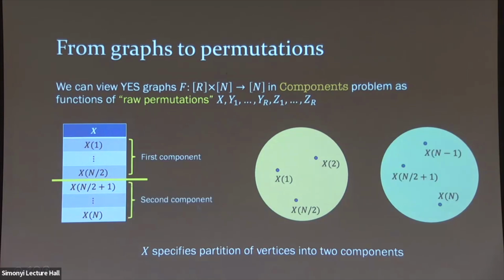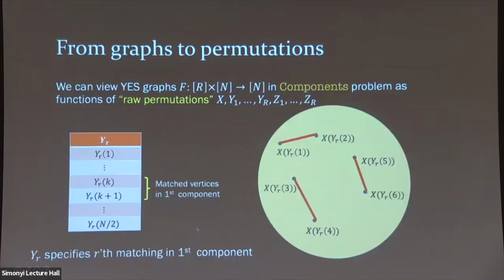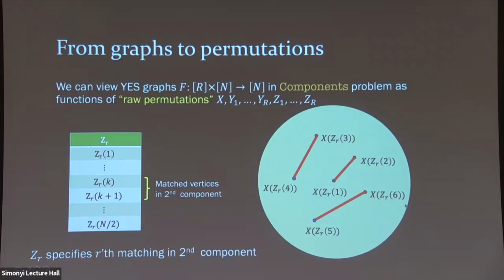All of the entries in the second half will tell us which vertices go in the second component. These remaining permutations are now going to be on 1 through n over 2. They specify a matching within each component. All the Y permutations will tell us how to match up the vertices within component number 1 for each color R. And all the Z permutations will tell us how to match the vertices in the second component.